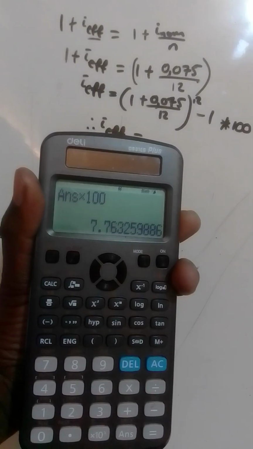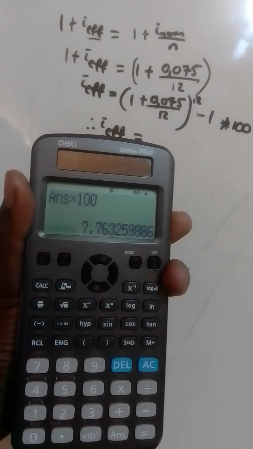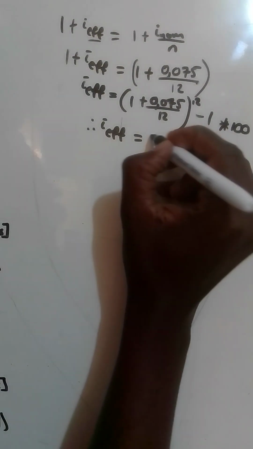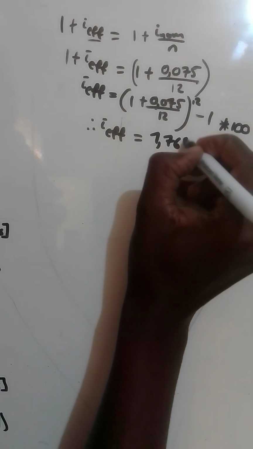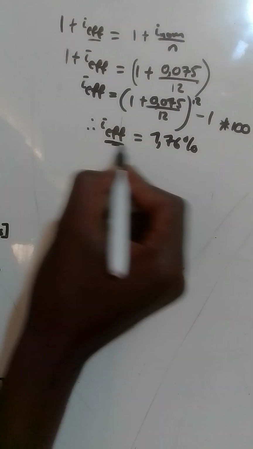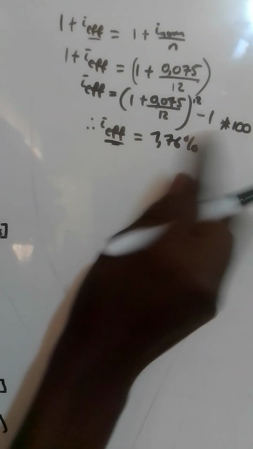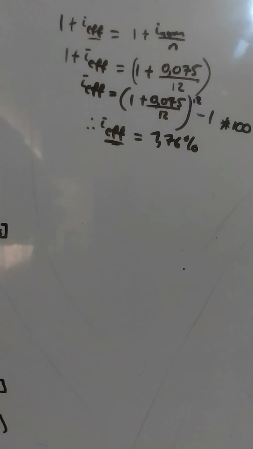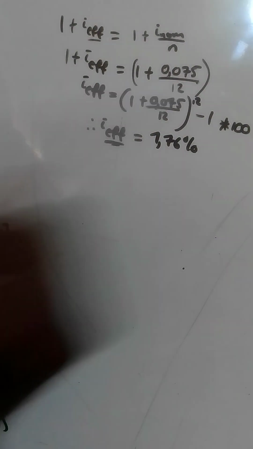So when I round it off to 2 decimal places, it remains as 7,76%, because 3 is less than 4. And if you observe, remember, the effective interest rate is slightly bigger than the nominal interest rate, which was 7,5, right?